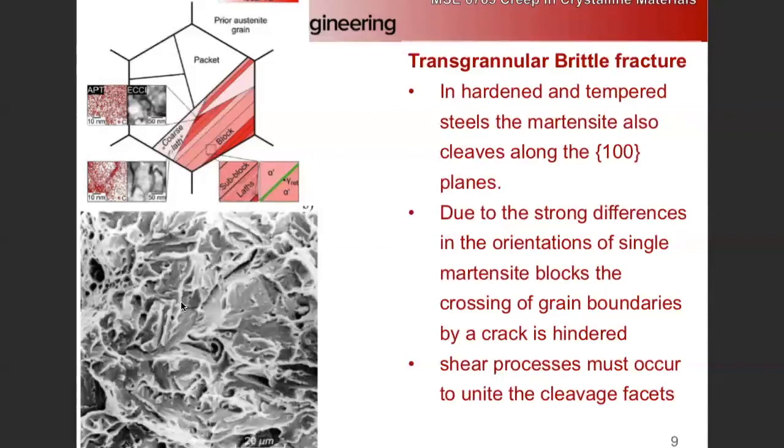But notice this is in hardened, this is specifically, I say hardened and tempered steels, right? If this was just martensite, without any tempering, it would just be purely brittle, right? Because there is no way to get any shear. By tempering, we diffuse the carbon out to boundaries, right? So we have brittle fracture across some laths and ductile across others.